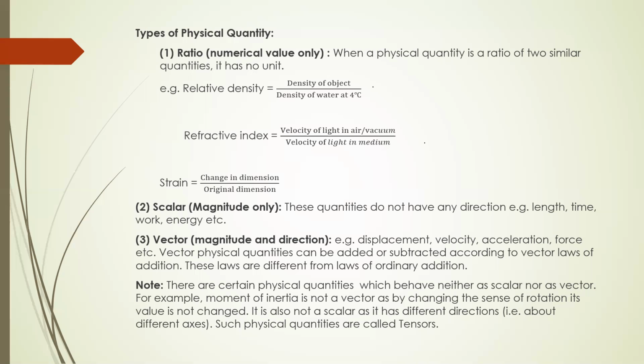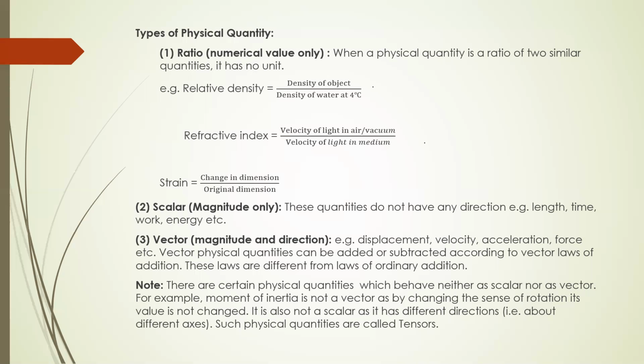It is also not a scalar, as it has different directions or axes of rotation. Such physical quantities are called what? Tensors. So such quantities we take as tensor quantities. The example they have given is moment of inertia. Moment of inertia is the example for a tensor quantity, right?